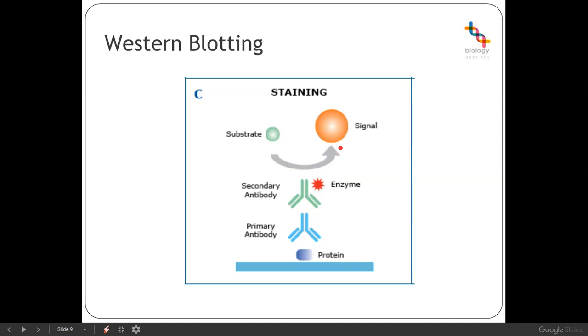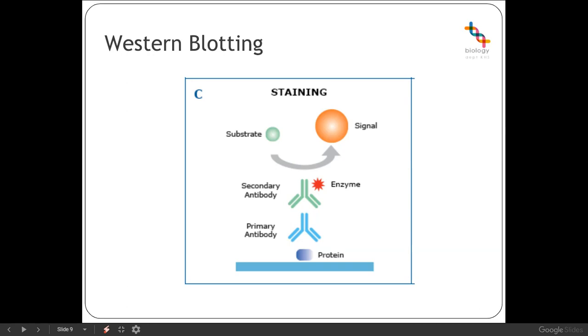It's usually fluorescence in this case, but you're going to see the enzyme catalysing and giving us that signal. Once those antibodies have bound to their target proteins, you would then wash off the extra. After there's been an opportunity for these primary and secondary antibodies to bind to the protein and to each other, the filter would then be washed, just leaving those ones behind.